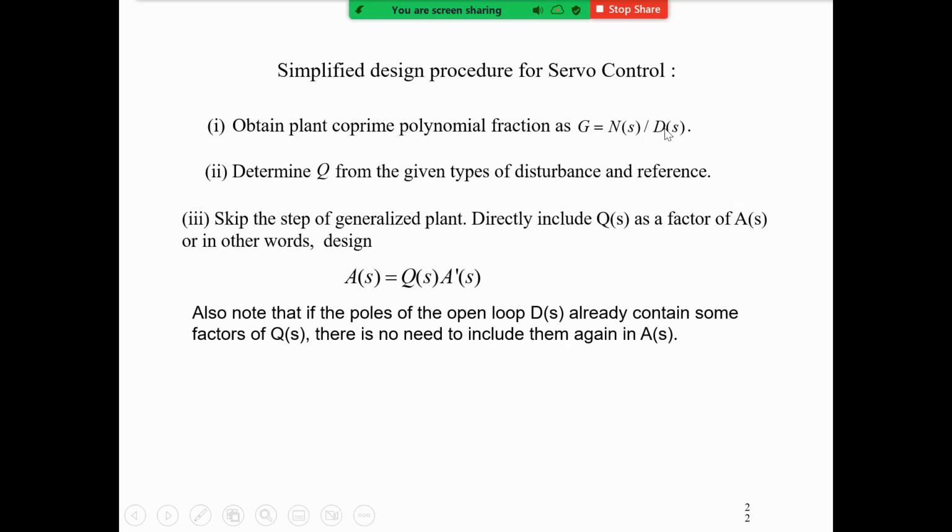Like, if the D has an integrator, you don't have to include that integrator again inside A. Those will simplify your calculation. Also, if there are some stable poles or zeros in the transfer function of the system, you may also try to cancel them out. By cancellation, you will have a reduced order controller. That also can simplify the design.